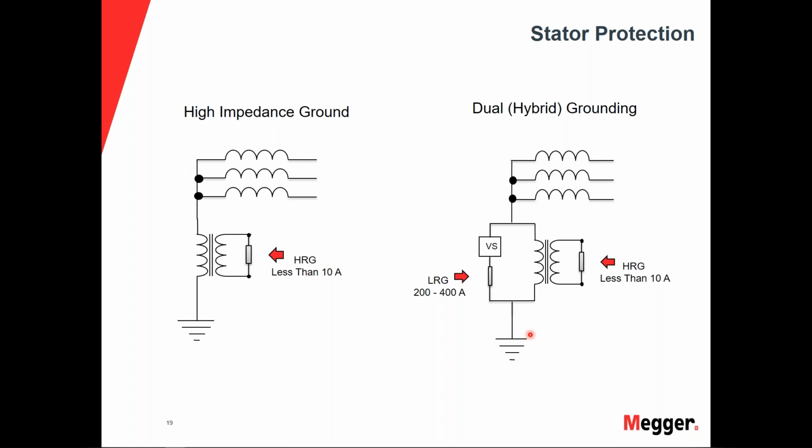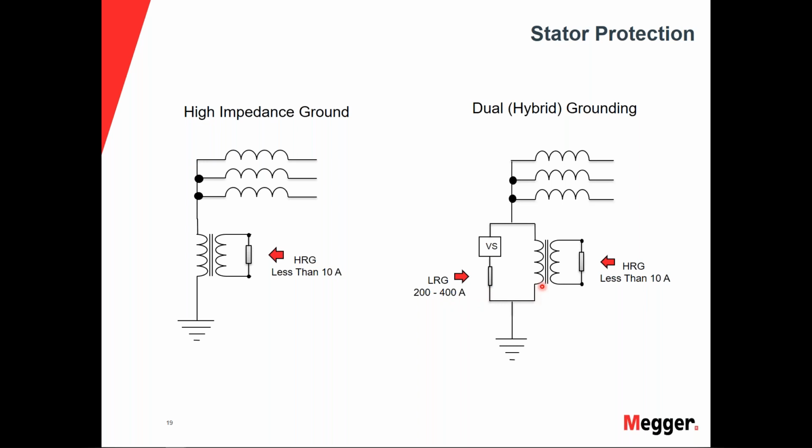The dual grounding method is a type that can be used with an 87 ground differential scheme. What we're trying to do here is provide a little bit more reliable protection. Also, you'll see a low resistive ground resistor here as well, which limits this ground to around 200 to 400 amps.